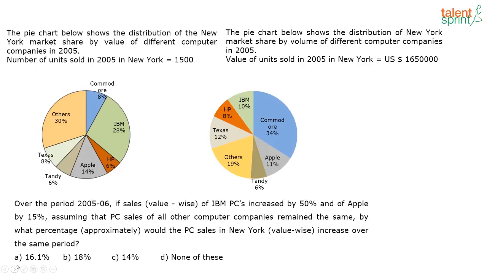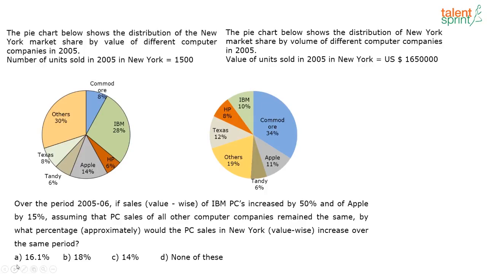So what is given here? In the period 2005-2006, the value-wise sales of IBM has increased by 50% and Apple by 15%, and all the other companies remain the same. So what percentage would the PC sales in New York increase over the same period?